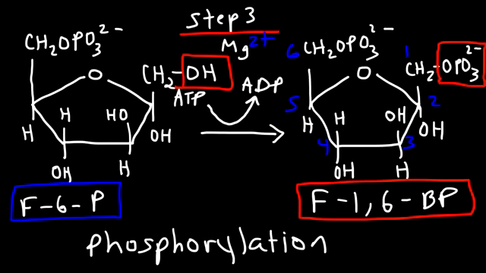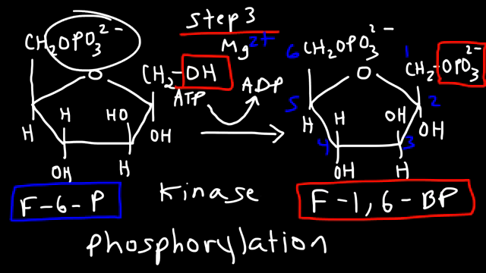Now, what about the enzyme for this reaction? What type of enzyme do we need? What type of enzyme catalyzes the transfer of a phosphate group onto a fructose substrate? Based on step 1, we know that a kinase enzyme will catalyze the transfer of a phosphate group to a molecule. Now, looking at the acceptor molecule, it's fructose and it has a phosphate group on it.